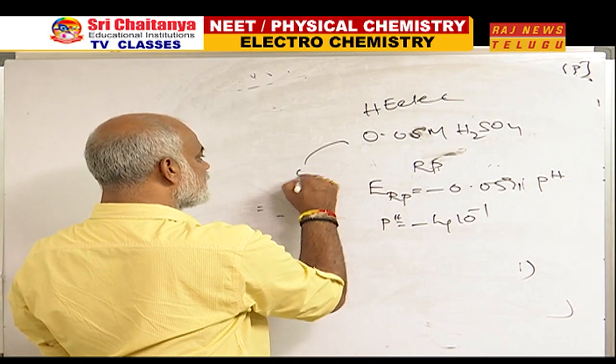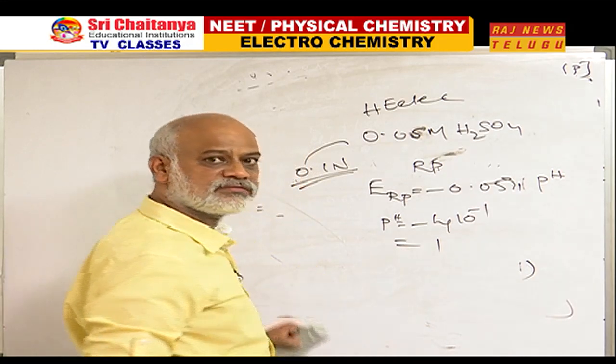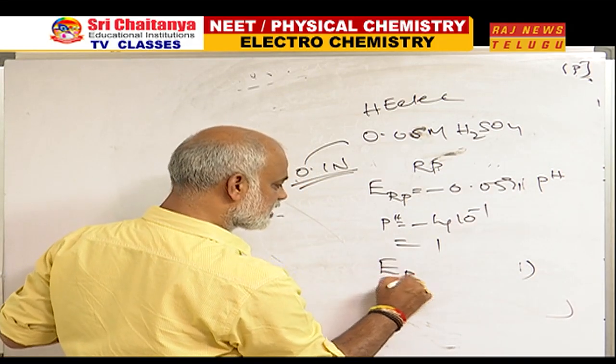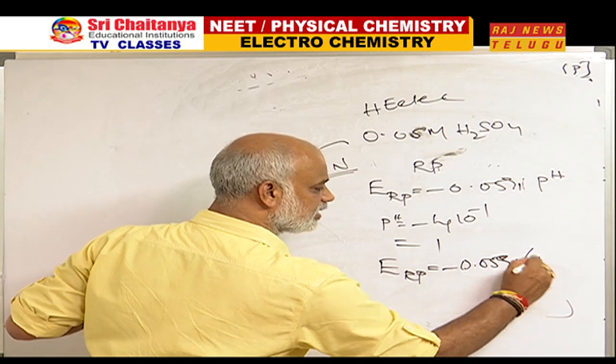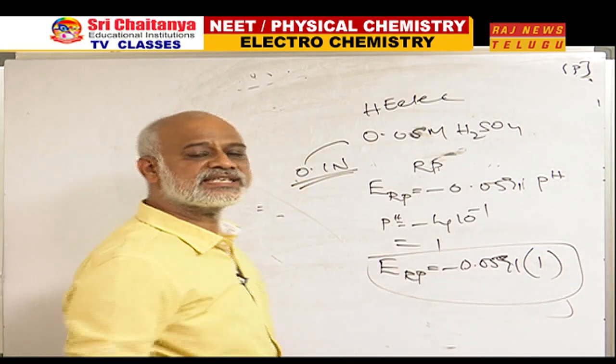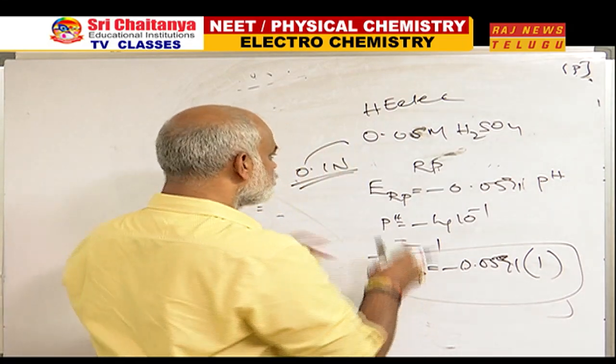So, what is the normality? 0.1 normal. I have substituted pH is equal to 1. Substitute here: E reduction potential is minus 0.0591 into 1, that is your answer. Agree? No, no. One more.